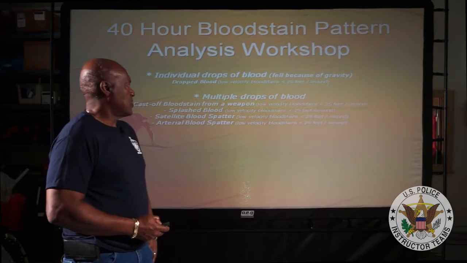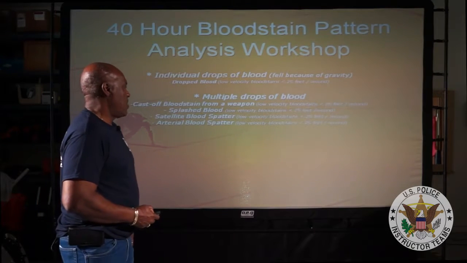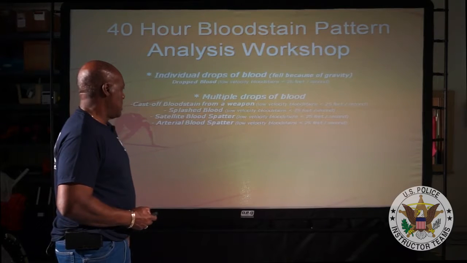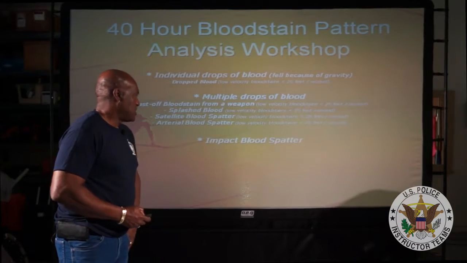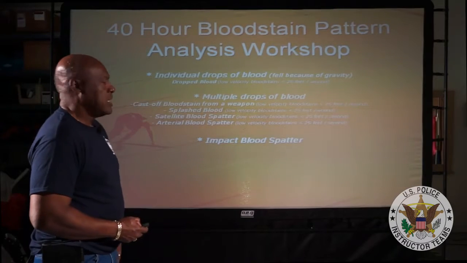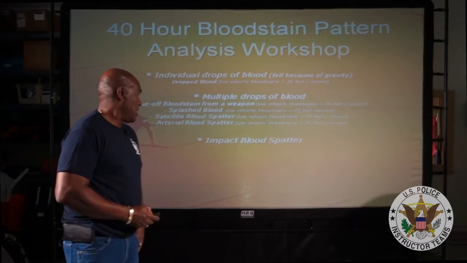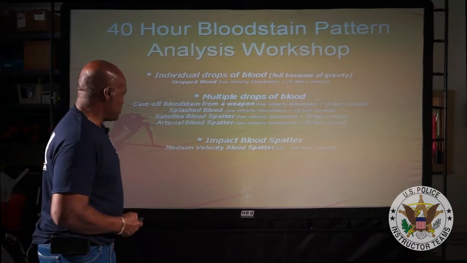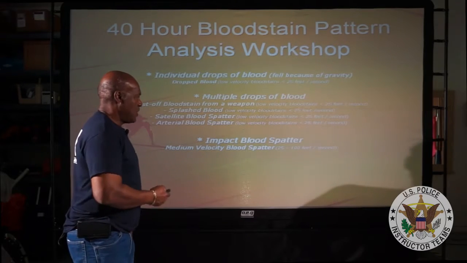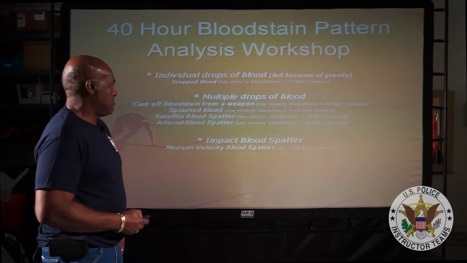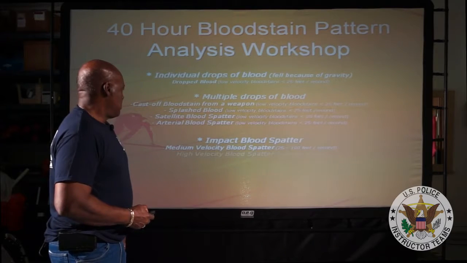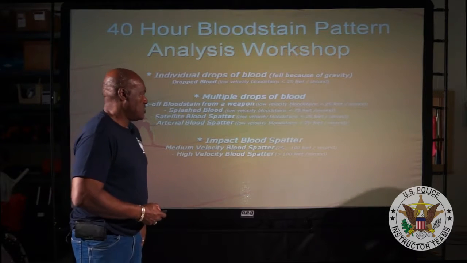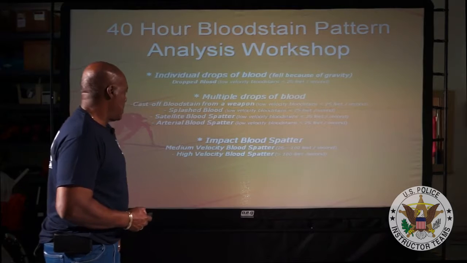And you have arterial bleeding. If somebody has a punctured artery, as the heart pumps, then the blood comes out. And then we get into impact blood spatter, which means the blood is sitting there and a force is applied to the blood. We have several categories. We have medium velocity, 25 to 100 feet per second. High velocity is greater than 100 feet per second.